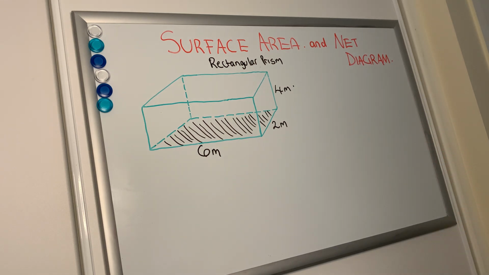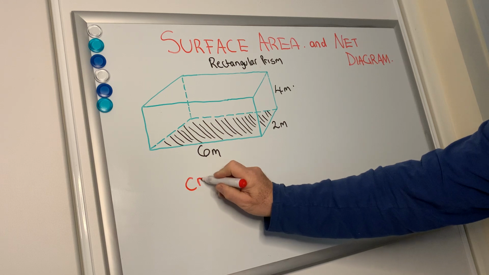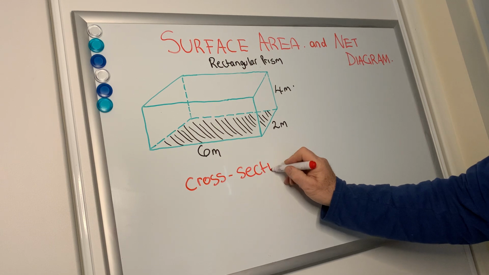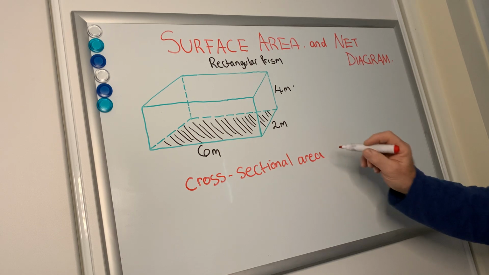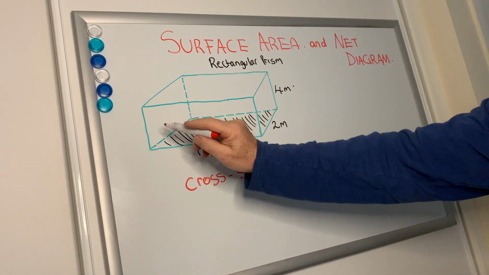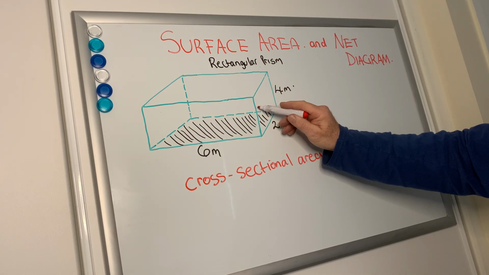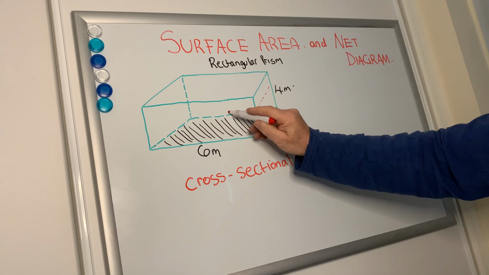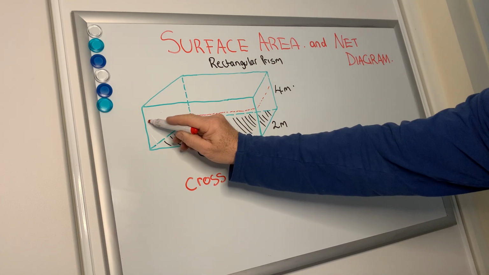What I wanted to do was just to access some prior knowledge of our previous lesson when we spoke about cross-sectional area. We spoke about where we'd actually cut this object, if you like, through the prism, and that would be the cross-sectional area.